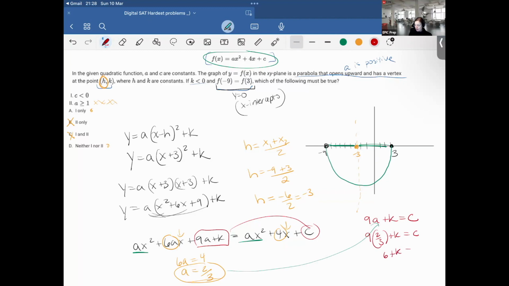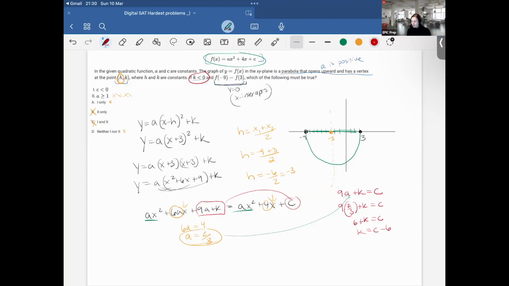So 6 plus k equals c. k is equal to c minus 6. I'm also told that k is less than 0, so c minus 6 must be less than 0, and c is less than 6. So c is less than 0, no. Therefore, it must be correct choice D.